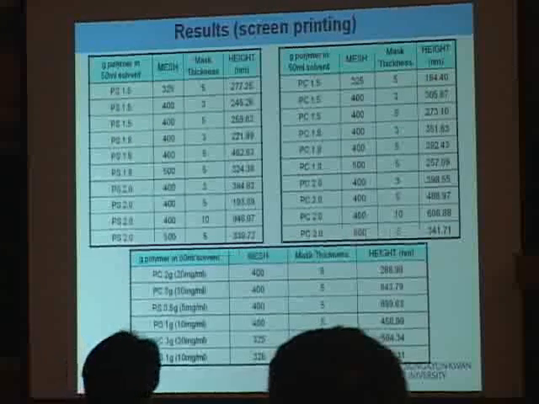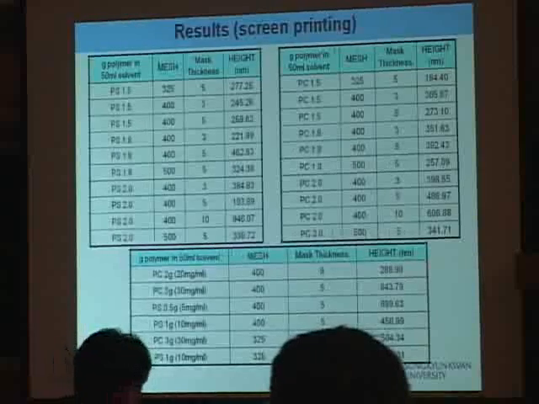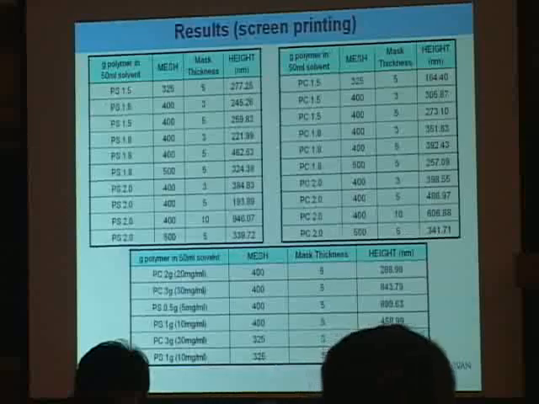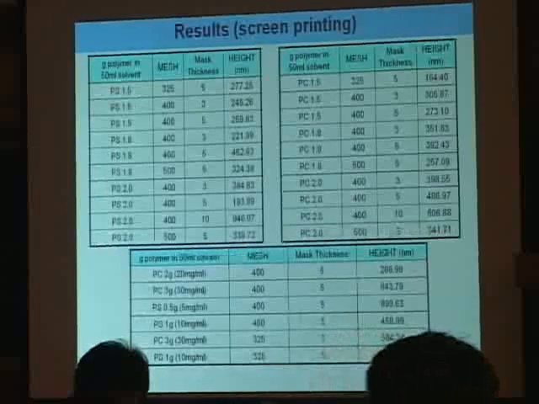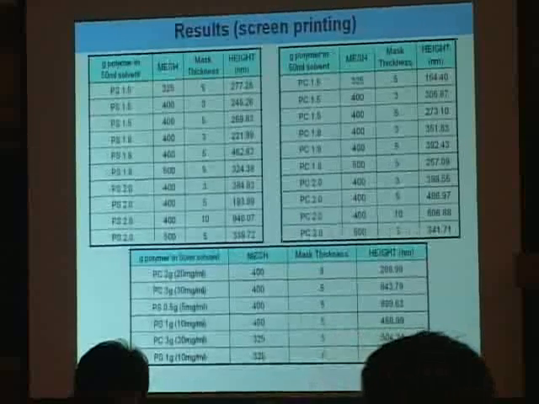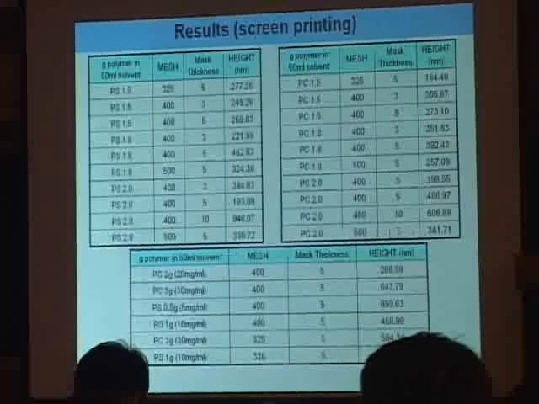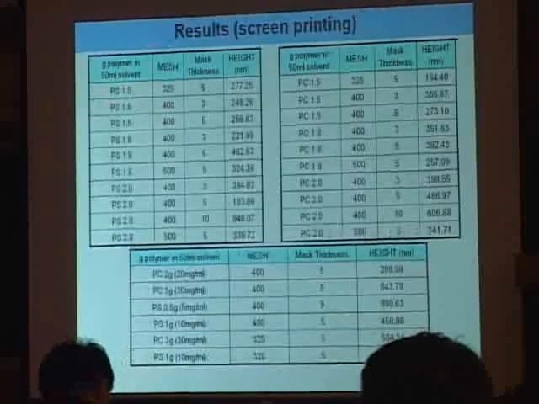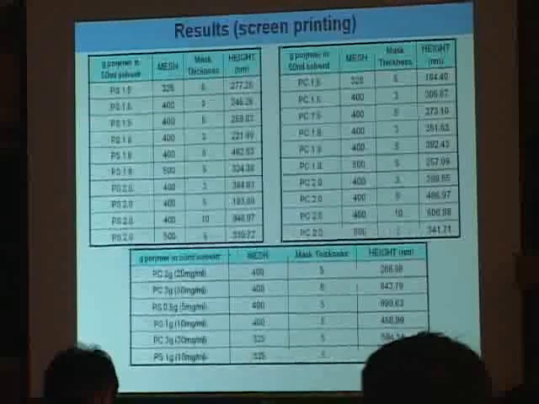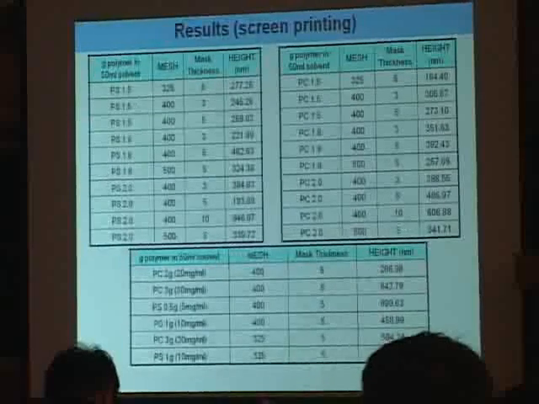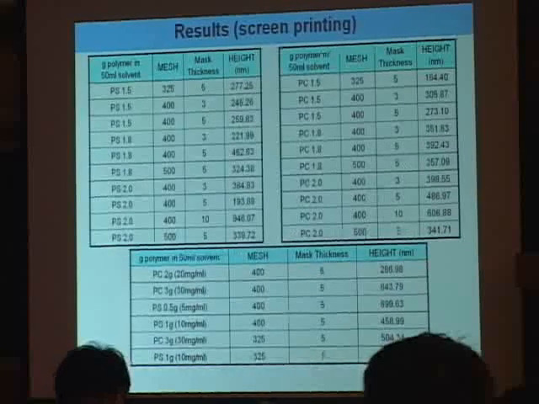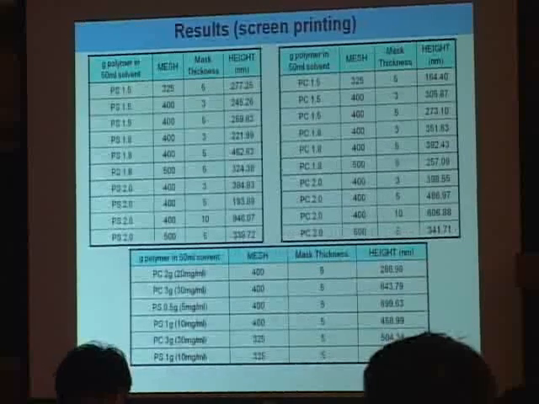This is the listed experimental data. I can explain. If we have PS 1.5, that means 1.5 gram of polystyrene polymer dissolved in 15 milliliter solvent. And this is mesh size. We use three different kinds of meshes.